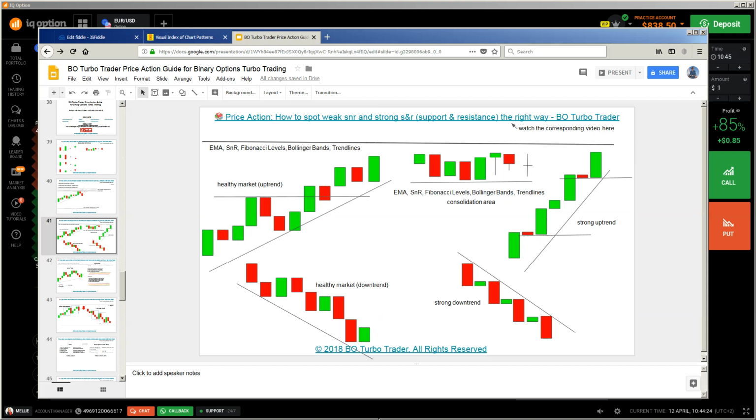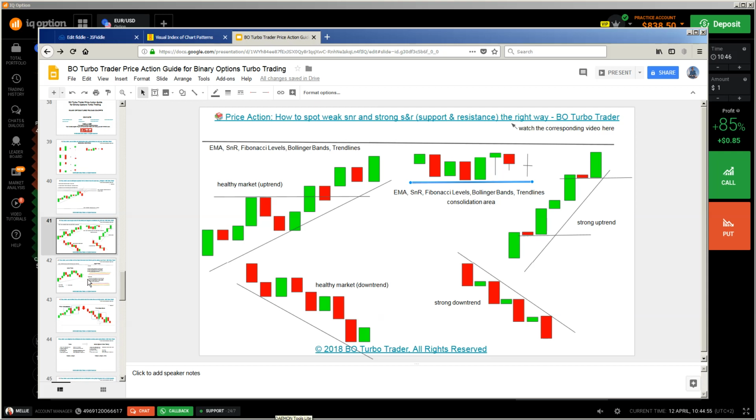And don't use those kinds of trading setups in a consolidation area either, because they will not work, because in this consolidation area price is acting between those EMAs, those support and resistance areas, and not even price knows where it goes. So how do you want to know where price will go? You can act after it breaks through this channel, and then you can go in the direction of the trend. Okay, that is this one.